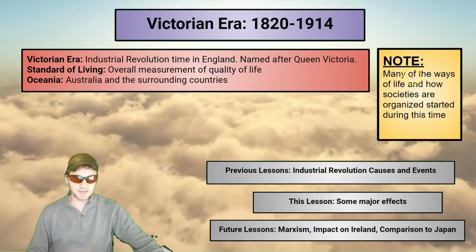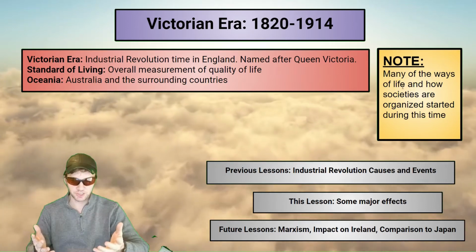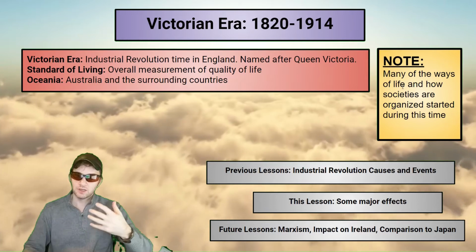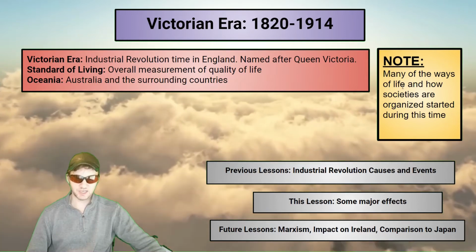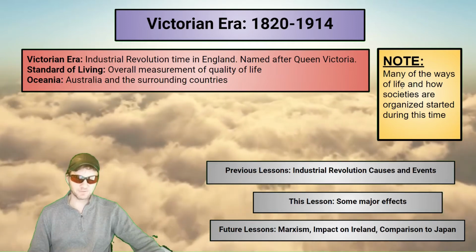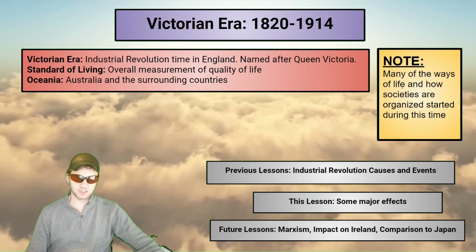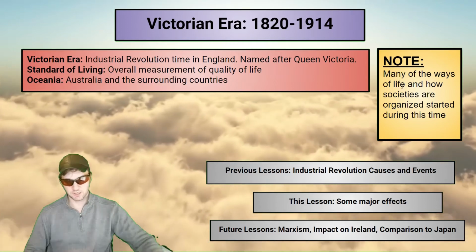So many of these ideas and ways of living that came about during the Industrial Revolution, we are still living in that mindset. Of course, we've changed a little bit in how we do certain things, but a lot of the structure and the fundamentals of how we live life today in the industrialized United States has its start right here in the Victorian era.